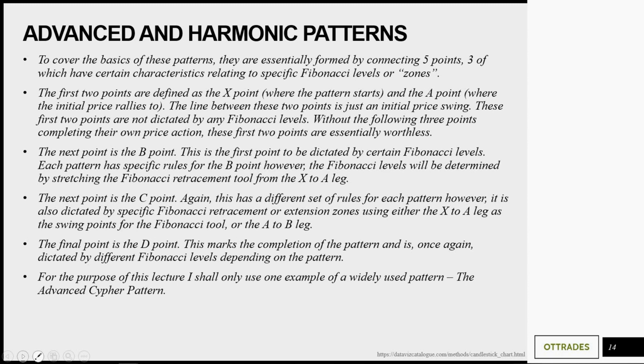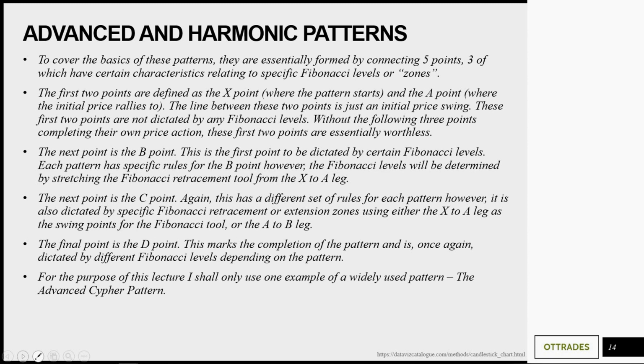If you want to just skip this and go straight to the example, then do that. But I'm going to cover this now quickly. So stretching from the swing high, which is the X point, down to the swing low, which is the A point, the B point is going to come in at one of the Fibonacci levels between that X and A point.